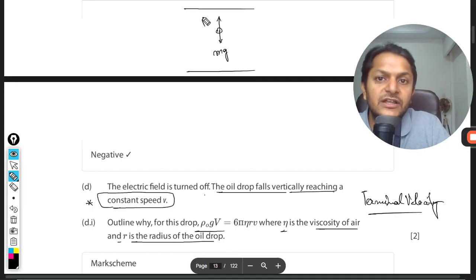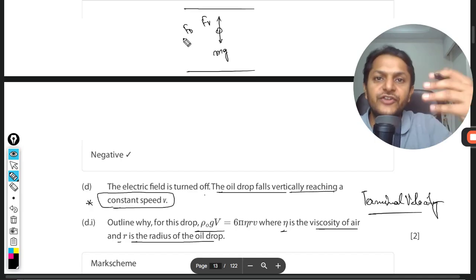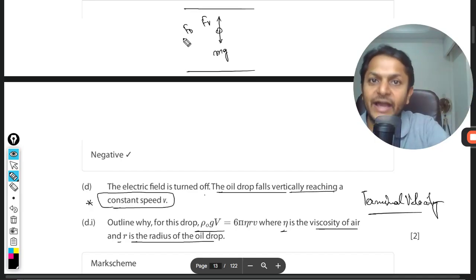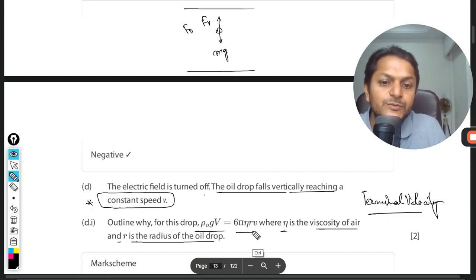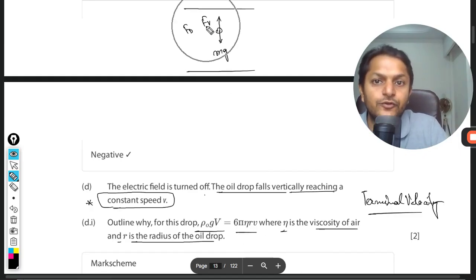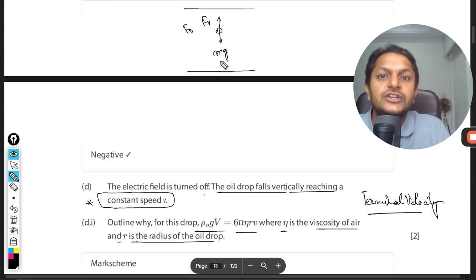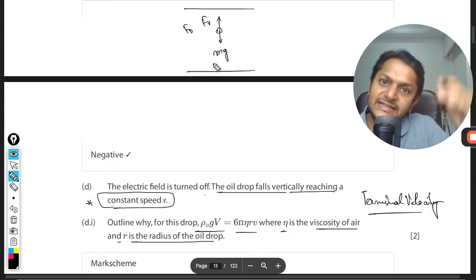And there is another force, which is the viscous force. You can also call it drag force, the drag on the drop by the air. So 6 pi eta Rv is the drag force here. The weight is mg. We would be balancing these two.